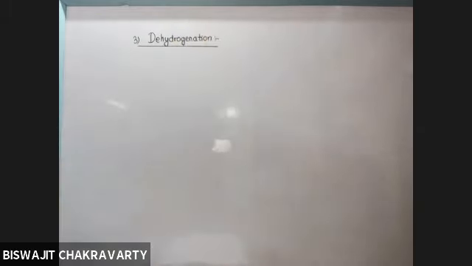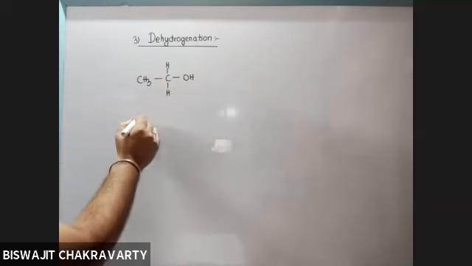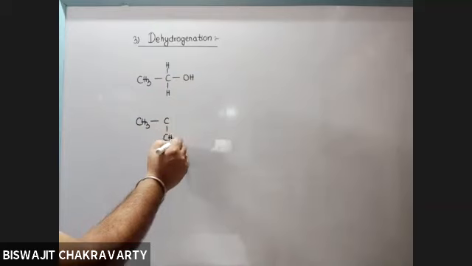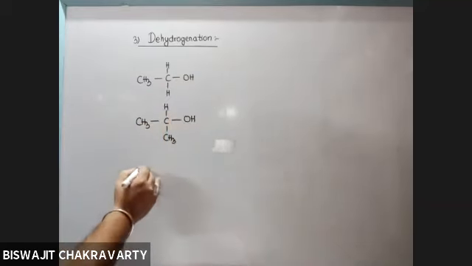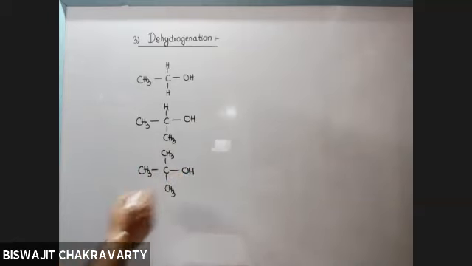Dehydrogenation, as the name suggests, is removal of hydrogen. Here also 1 degree, 2 degree and 3 degree alcohols will react differently. Why? We have already said that the oxidizable hydrogens are different. So if we take a 1 degree alcohol, a 2 degree alcohol, and a 3 degree alcohol, I have specified here some particular alcohols. Here you can see that in a 1 degree alcohol there are 2 oxidizable hydrogens, as I have been saying.